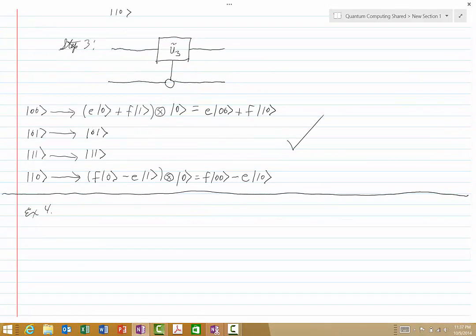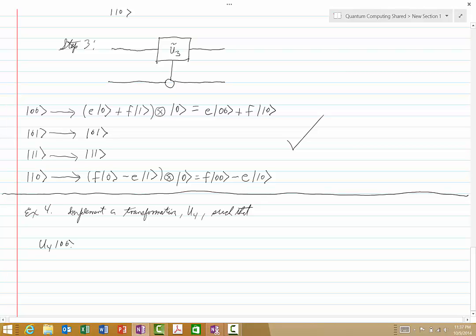We'll say implement a transformation, actually I'll say a transformation U4 such that U4, now for the moment I'm not going to specify how it acts on anything else.